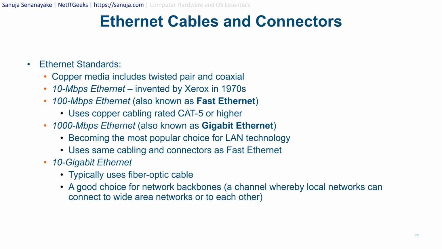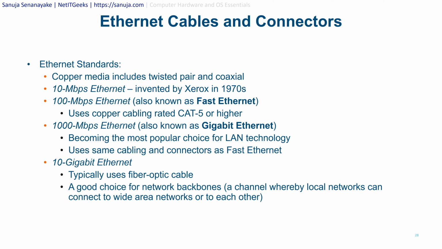Ethernet cables and connectors. Ethernet standards include copper media standards that are twisted pair and coaxial, and can support 10 megabits per second Ethernet in the coaxial method.